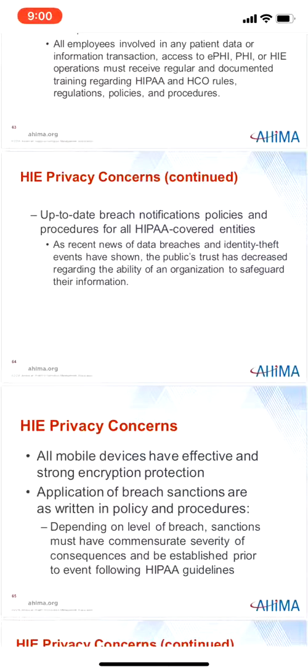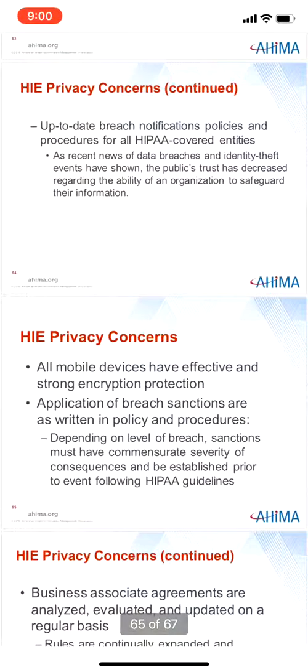Depending on the level of breach, sanctions must have commensurate severity of consequences and be established prior to the event following HIPAA guidelines. Number 5, business associate agreements are analyzed, evaluated, and updated on a regular basis. The rules are continually expanded and updated, and the healthcare organization must make certain it follows suit. And sixth, current risk analysis is implemented and revised on a regular basis.